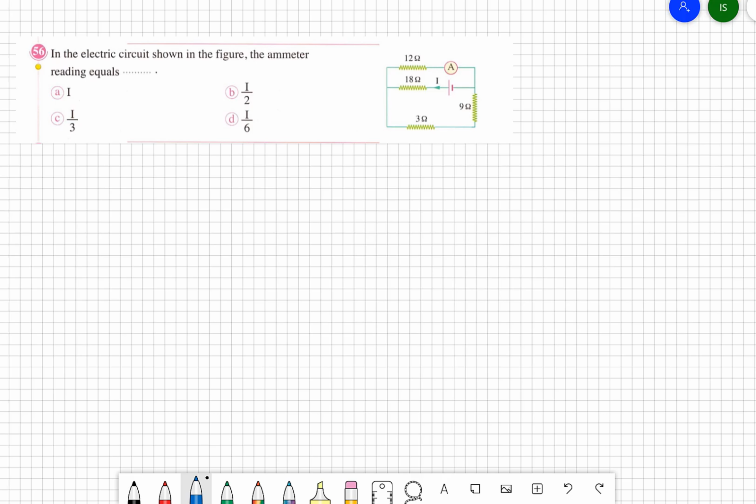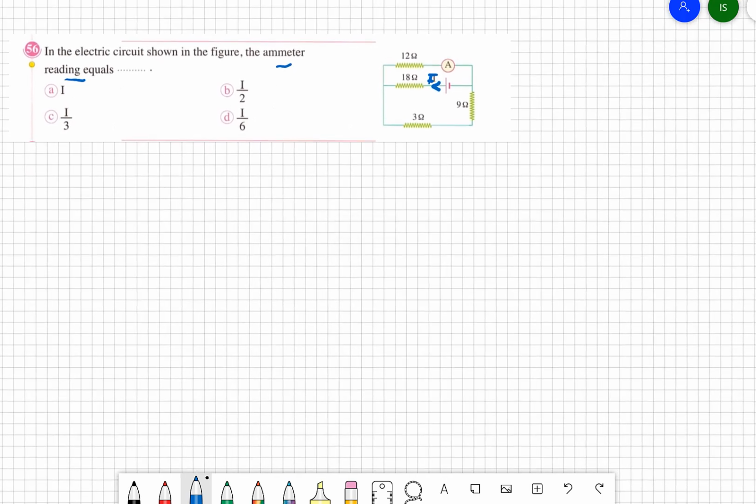Number 56. In the electric circuit shown in the figure, the ammeter reading equals. Look carefully, guys. As you see here, the total current I moves in this 18 ohm resistance. What happens after that? It will divide into the upper and lower wires. What is the resistance here?